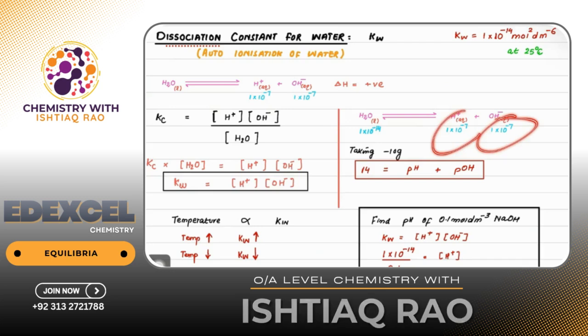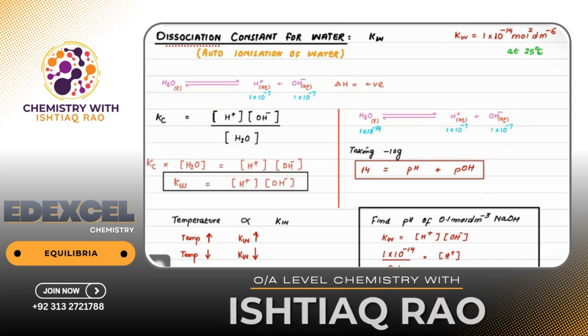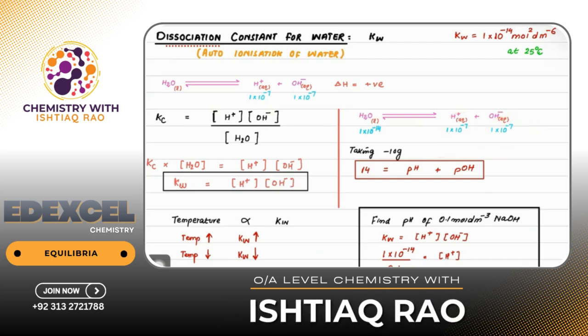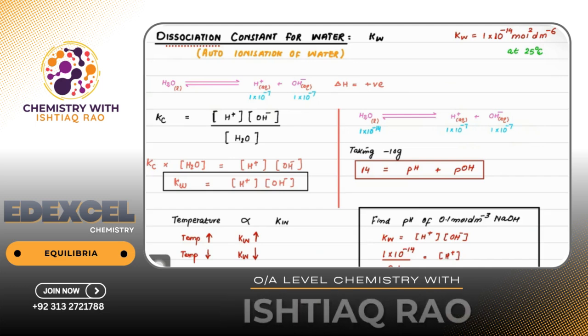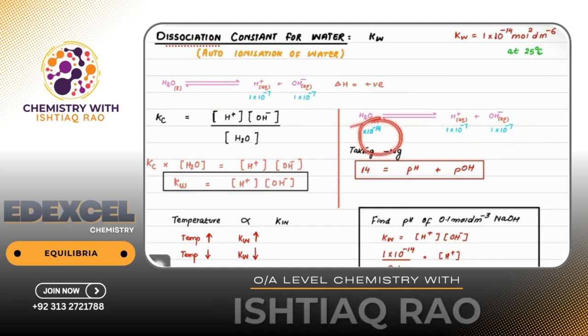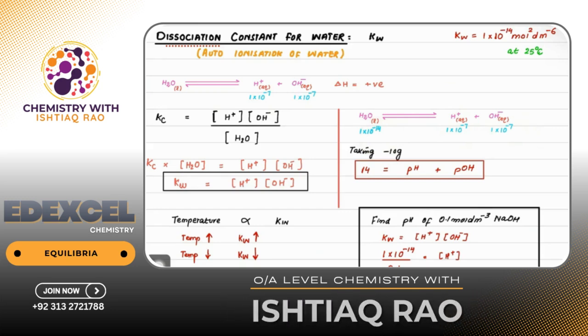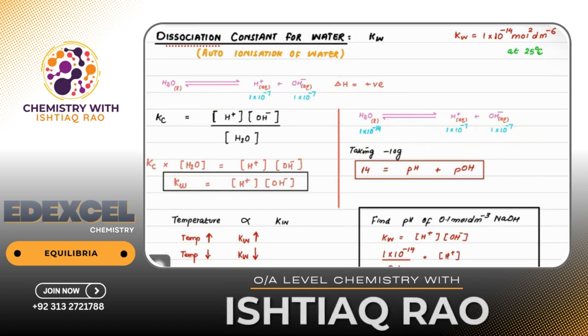That's why the pH is 7. They cancel each other, since they have the same amount in water. You have to know this. So the product of H positive and OH negative would be 1 exponent minus 14.